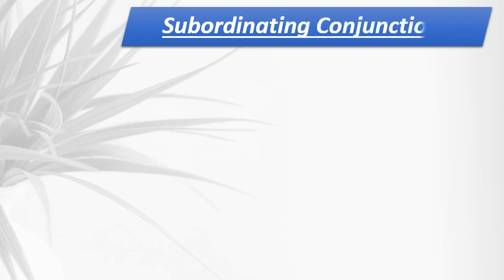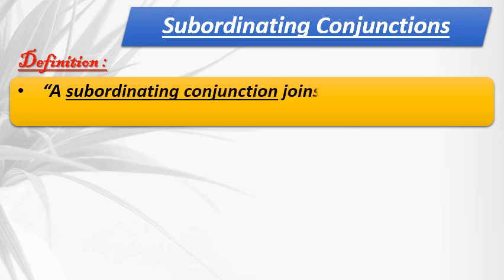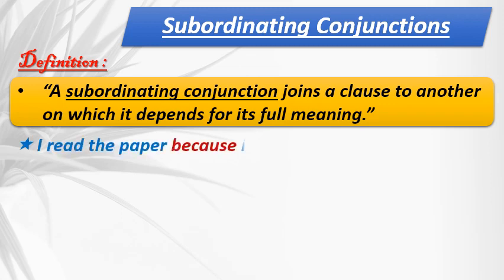Now let us see what are subordinating conjunctions. A subordinating conjunction joins a clause to another on which it depends for its full meaning. To clarify it, first of all, let us see an example. I read the paper because it interests me.